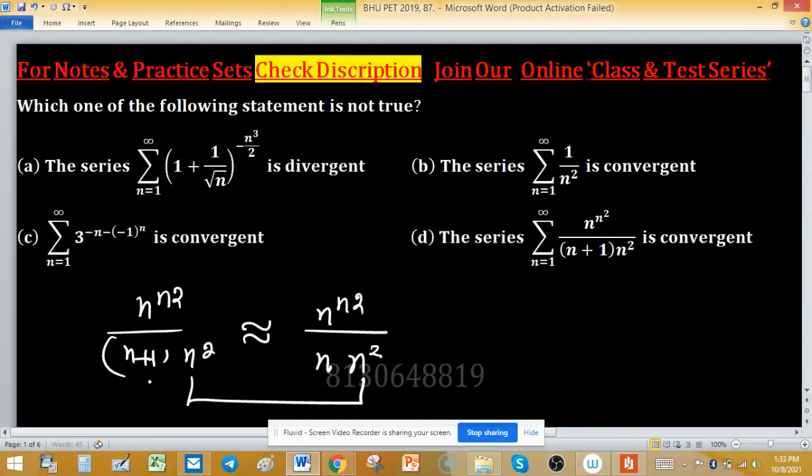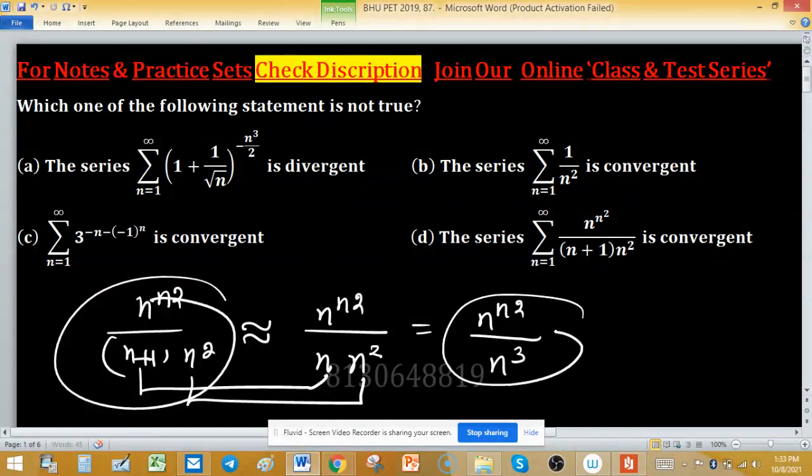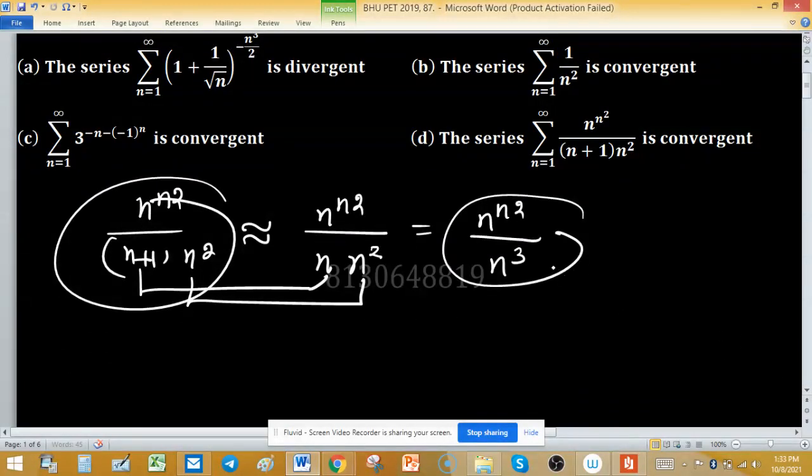Because this is n square, I can write n plus 1 as approximately n. So we have n square upon n cube. So convergence of this one is the same as convergence of this one. If we can predict the convergence of this expression, then I can easily say about this one.